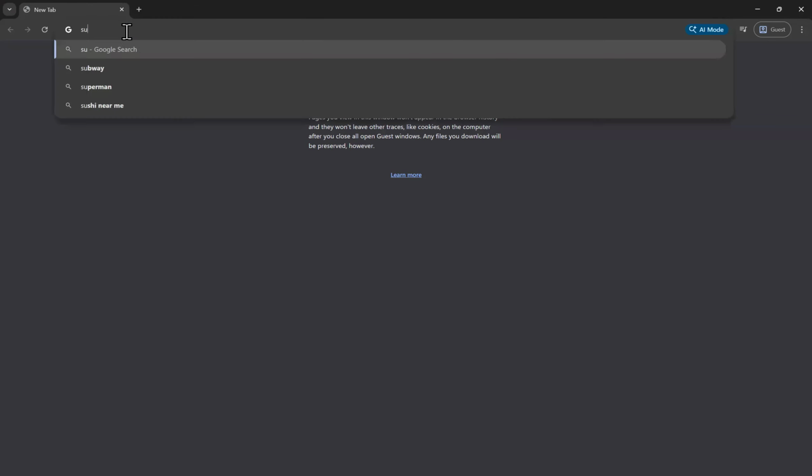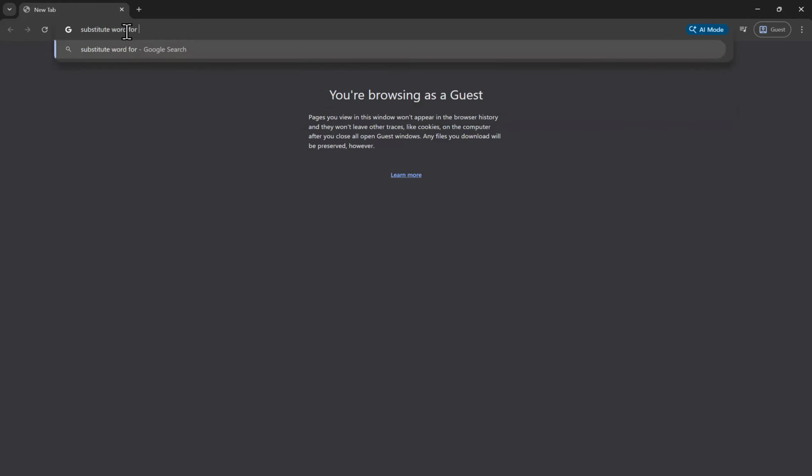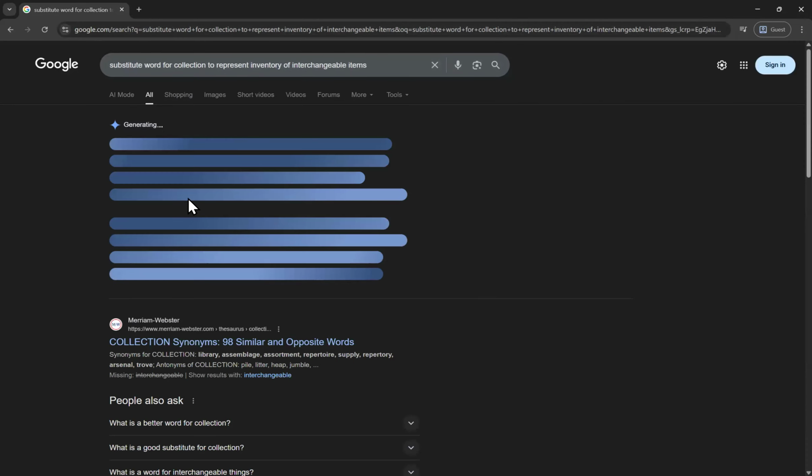Substitute word for collection to represent inventory of interchangeable items, right? That is the idea. Interchangeable items. Spelling, I hope, is correct. So what word can we use?